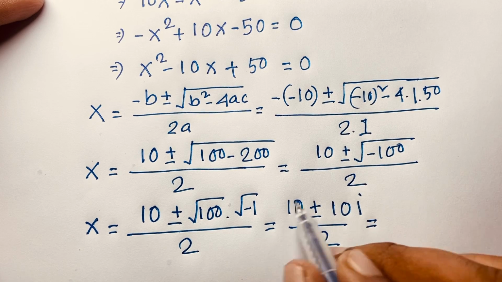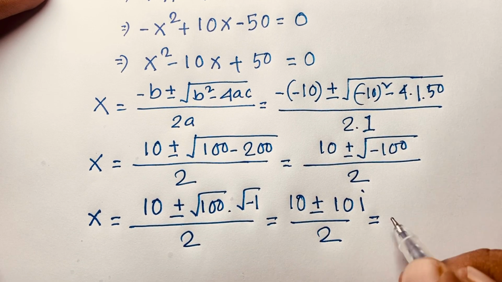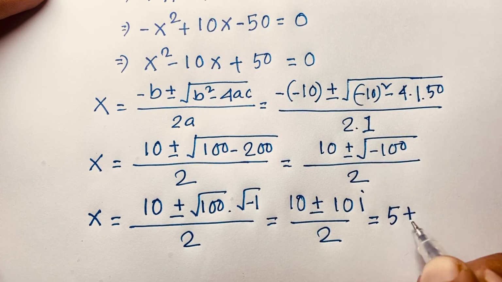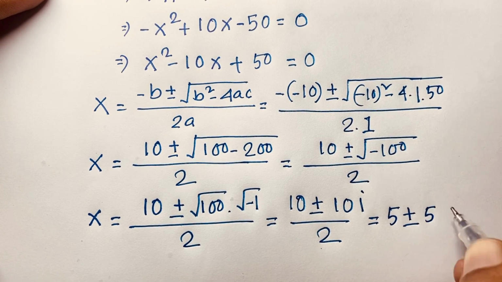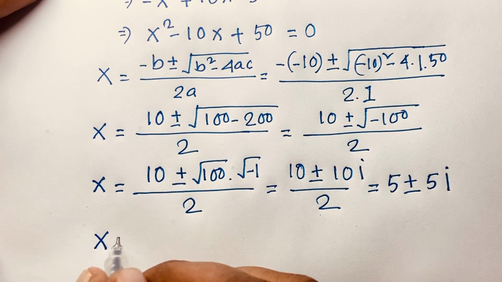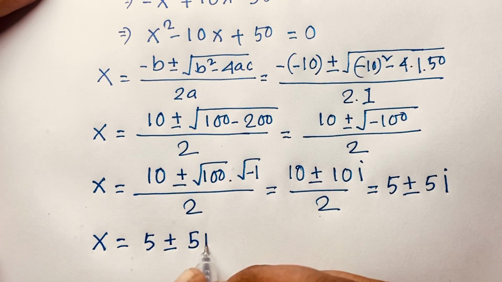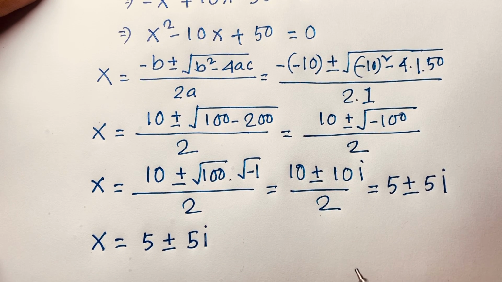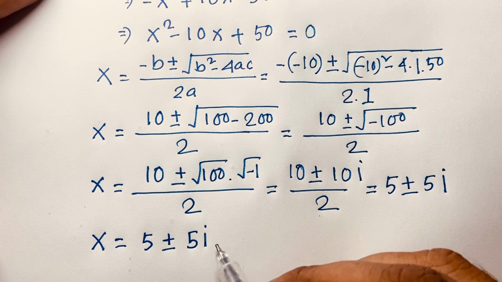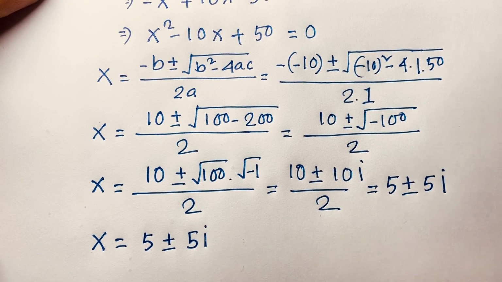Then if I divide by this 2, I separate this fraction: 10 divided by 2 is 5, plus minus 10i divided by 2 is 5i. So we'll find out that x will be 5 plus minus 5i. So it will be a complex solution. There is no real solution. It is an imaginary number.